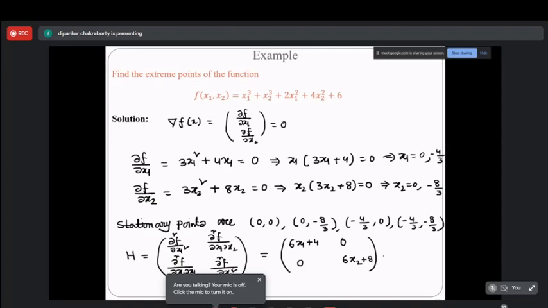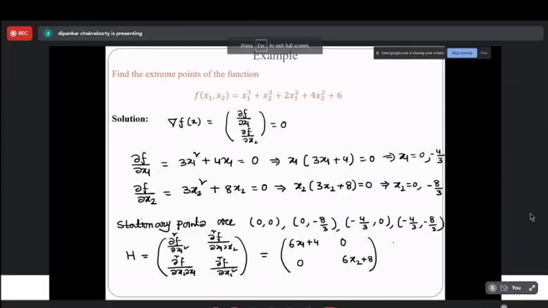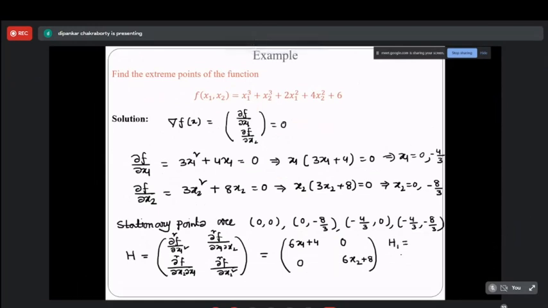Now to check the nature of the Hessian matrix, we have to find the first order principal minor and the second order principal minor, that is H1 and H2. What is the first order principal minor of this Hessian matrix? 6x1 plus 4.